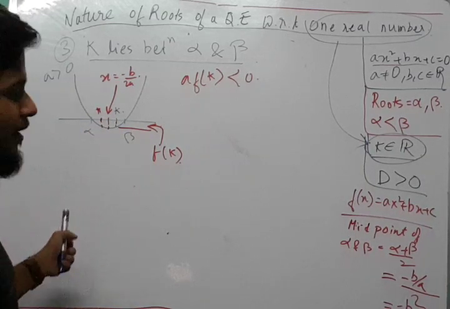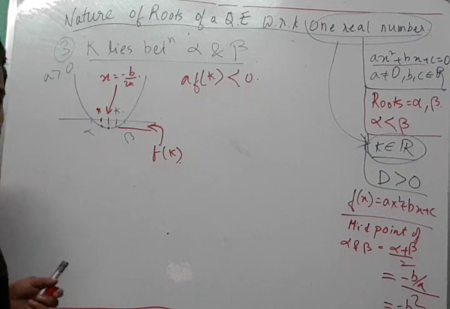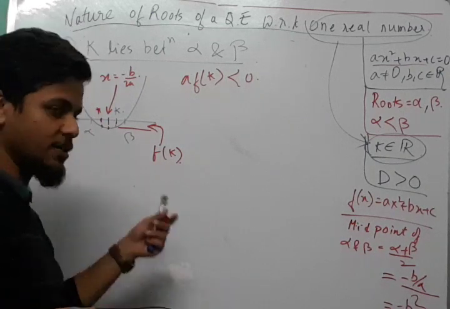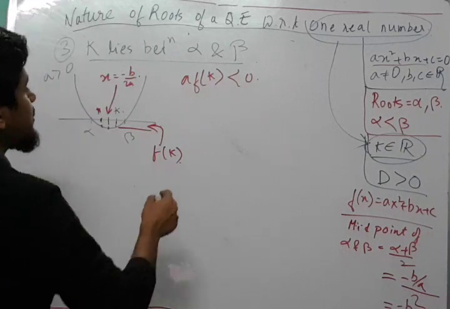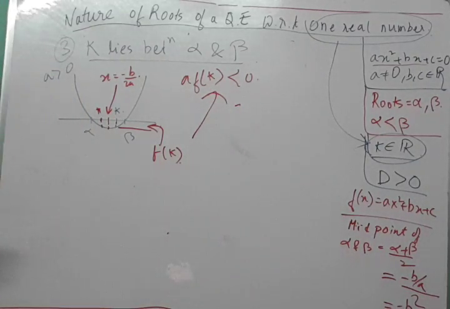So we cannot say for certain whether k is on the right or on the left of x equal to minus b by twice a. So the earlier conditions that we took, where we mentioned that k can be greater than minus b by twice a or less than minus b by twice a, that condition is not applicable over here. The only condition that we have found out is that a into fk is less than 0. So this is the condition.